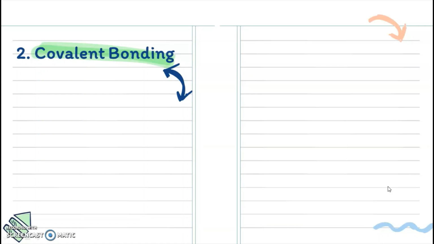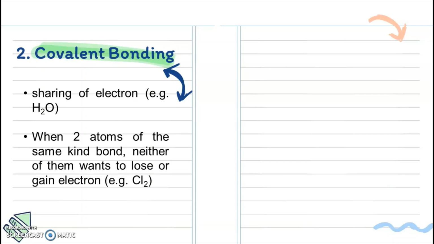We also have covalent bonding. Kung kanina sa ionic bonding, there is a transfer of electron, ano naman kaya yung sa covalent bonding? So, in covalent bonding, there is the sharing of electron. And when two atoms of the same kind bond, neither of them wants to lose or gain electron. For example, daw meron tayong chlorine.